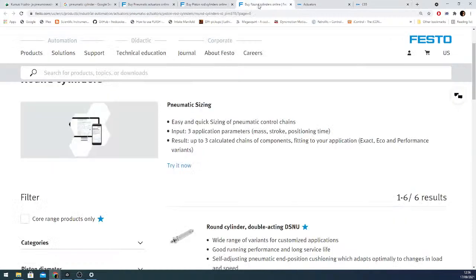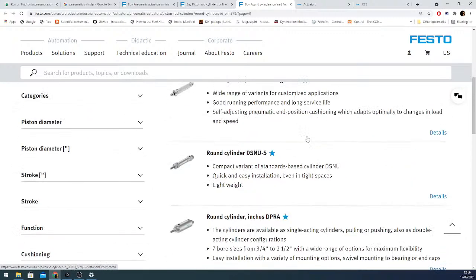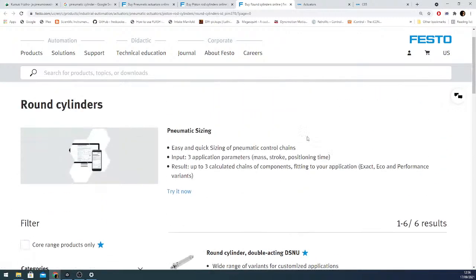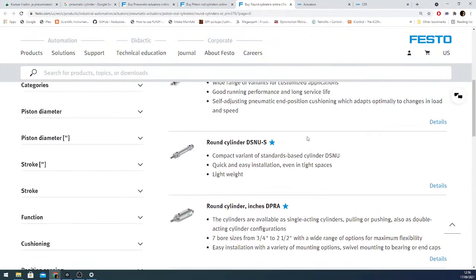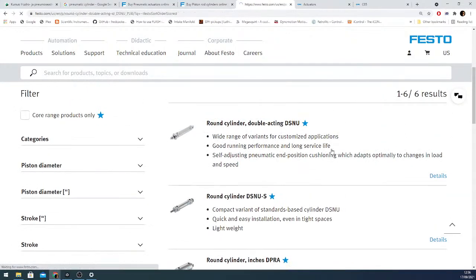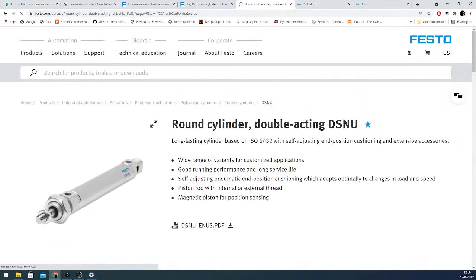So if we now try to compare, I'm looking for, okay, here's the series round cylinder. I'm looking for the catalog. Yeah, catalog is here.